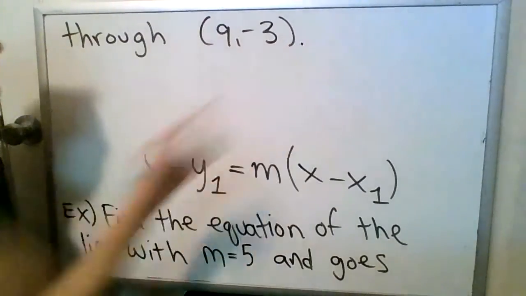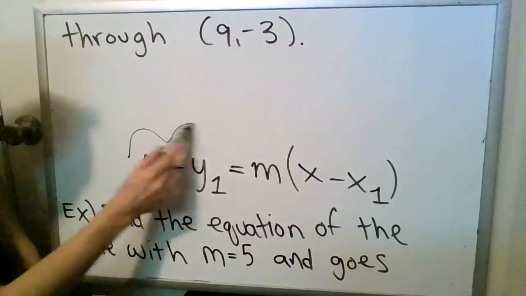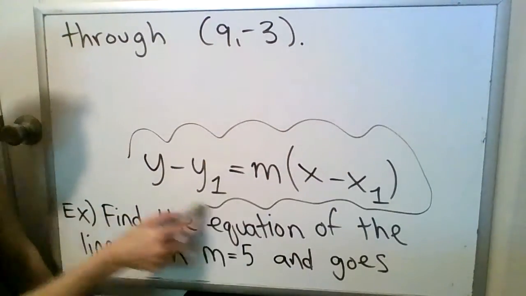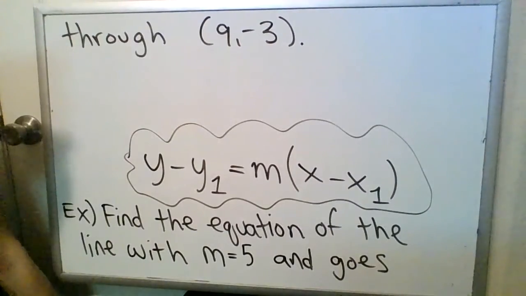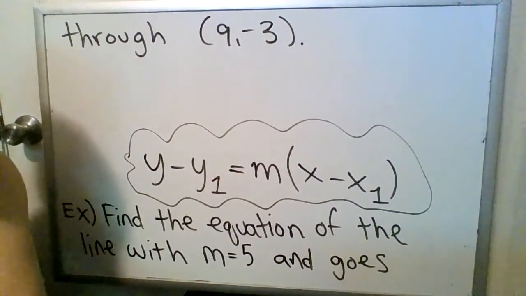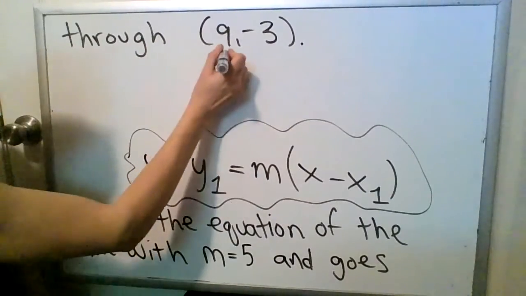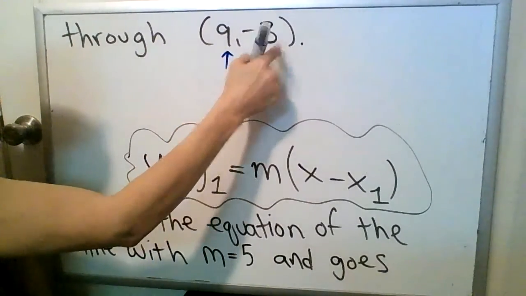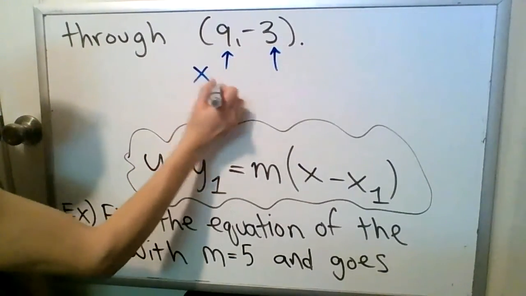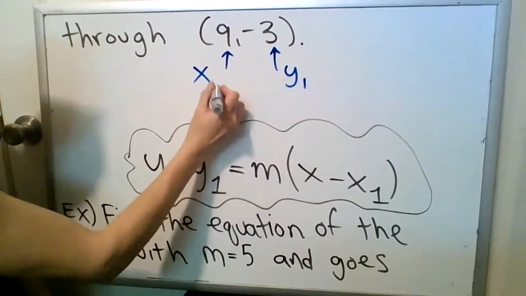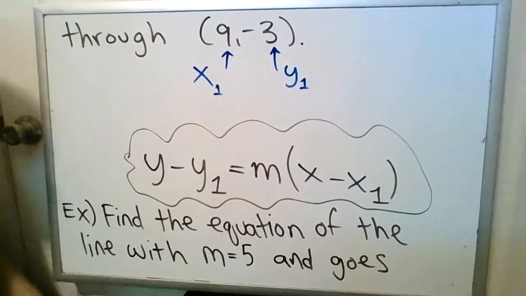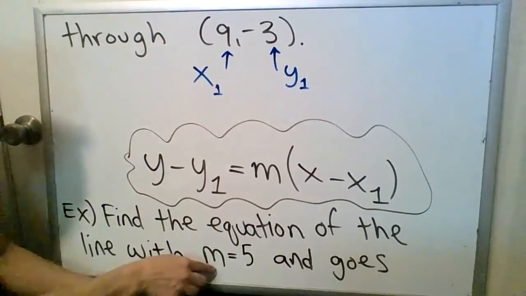And that's it. So this time we're going to practice this point slope form. Label your point. First is x, we're calling it x sub 1, and we're going to call this y sub 1. And you have your slope as well.